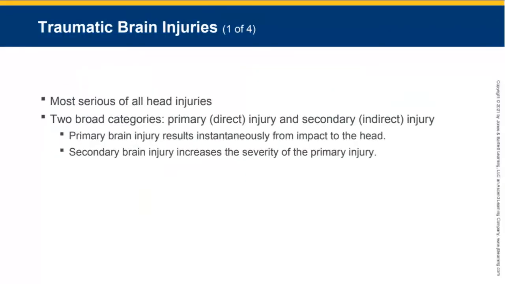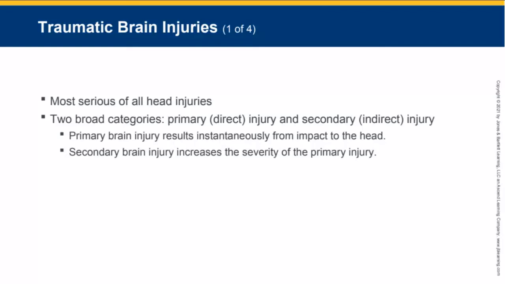Now, traumatic brain injuries are the most serious of all head injuries. So this is the worst head injury a head injury patient can get. Two broad categories: you have primary direct injury and secondary indirect. The primary direct injury is injury to the brain tissue itself.